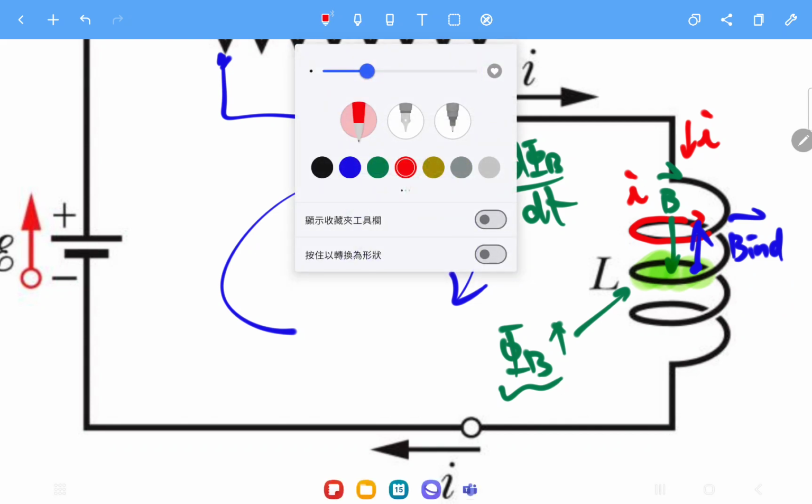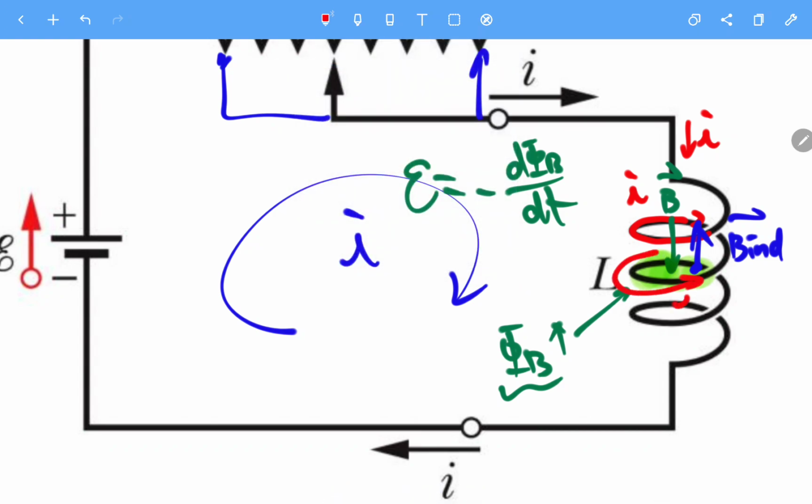According to the right hand rule, the EMF is in this direction, the other way around to this one. This is like an EMF in the clockwise direction, and this is also the EMF due to this one.